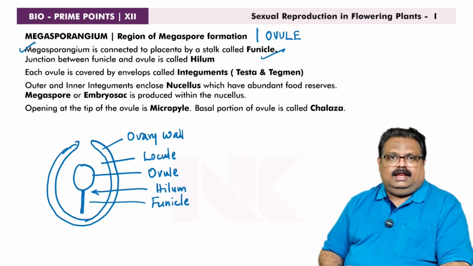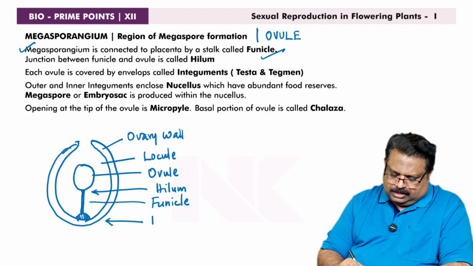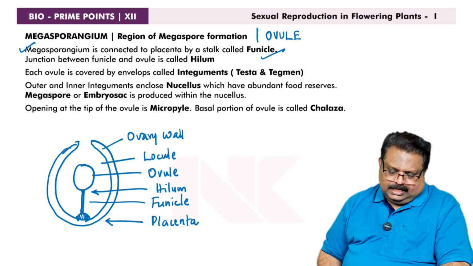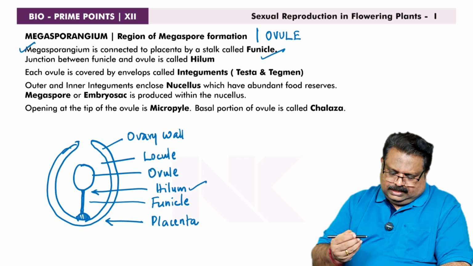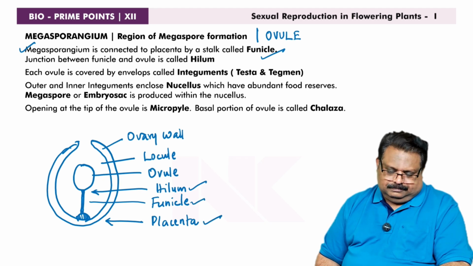And the funicle is connected to the ovary wall by means of a cushion-like structure, and that structure is called a placenta. The junction between funicle and ovule is called hilum, and the junction between funicle and ovary wall is called placenta.